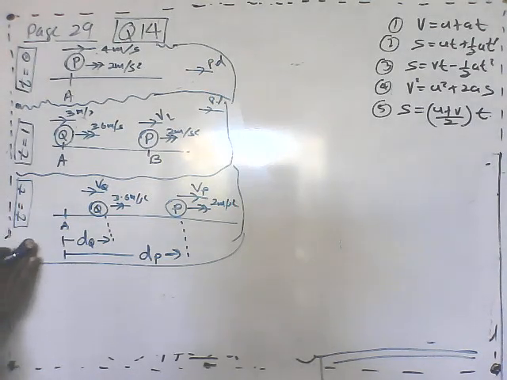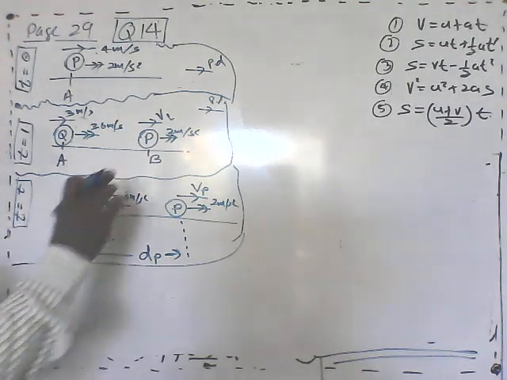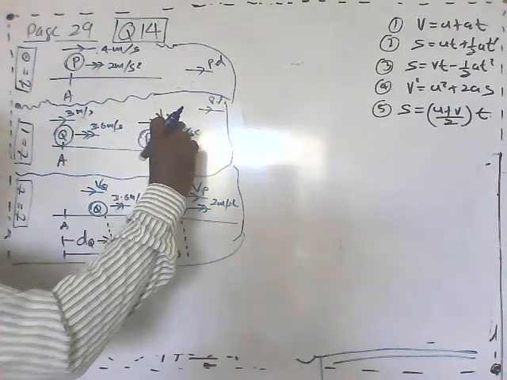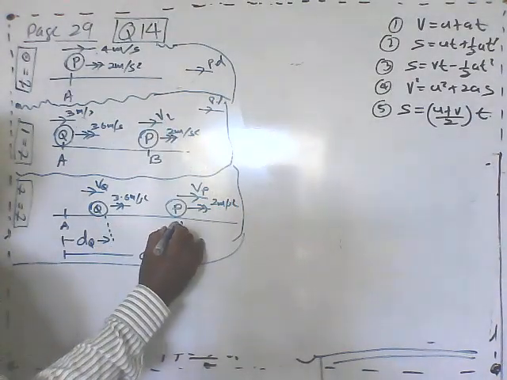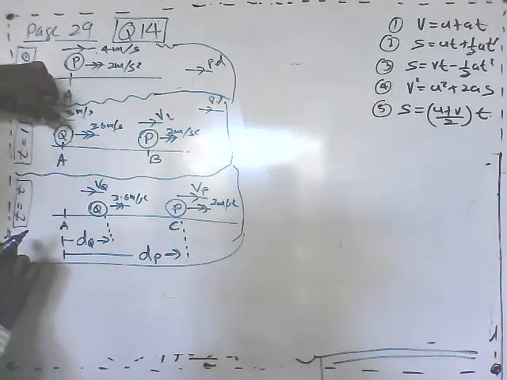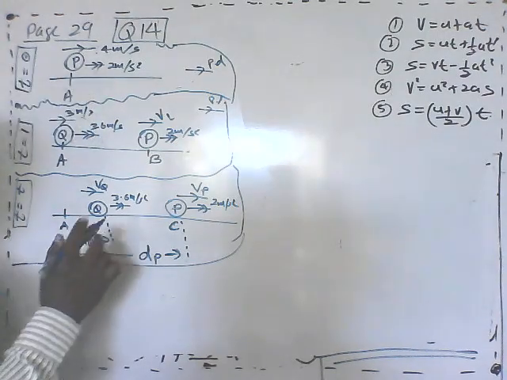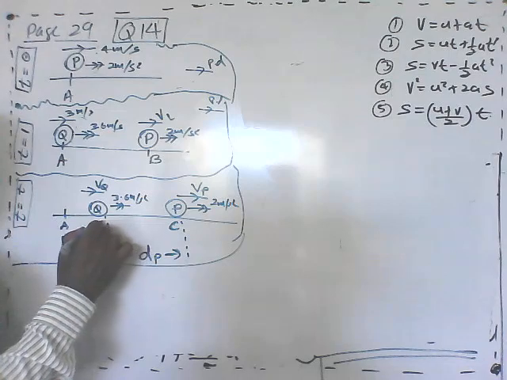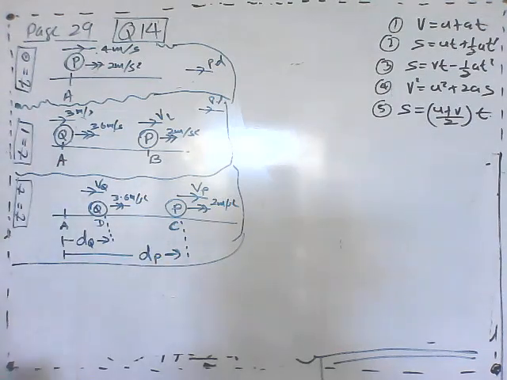In this case, surely this fellow will go to a new place that we will mark as C, and after t seconds, now he was in A, he will go to another place, which we will make D.